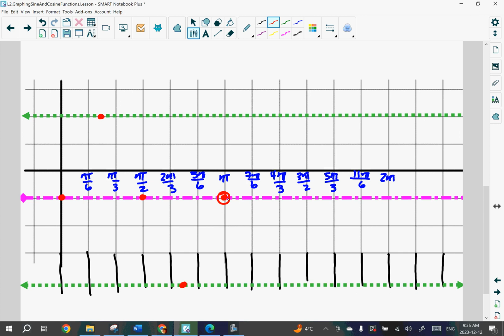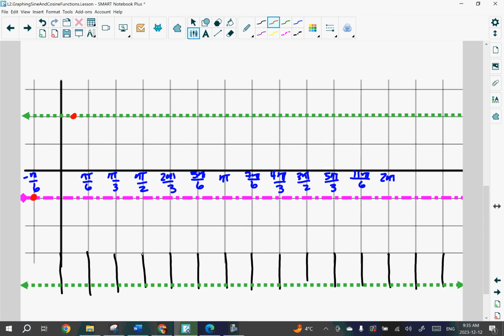Then I have to take it and move it to the left pi over 6. So I'm going to take every point and just move it 1 over. This one's going to move from the middle of the graph to the middle of a box. This one's going to move over 1, this one over 1, this one over 1.